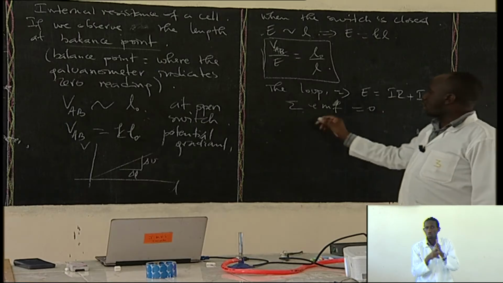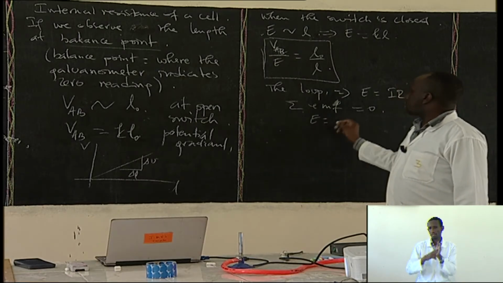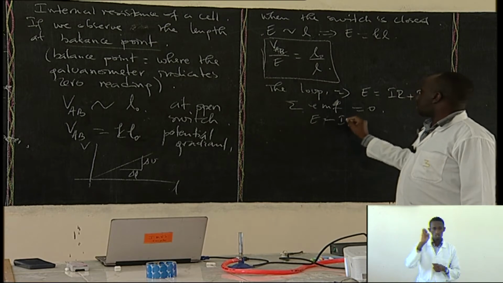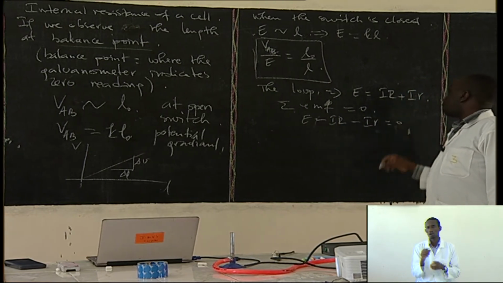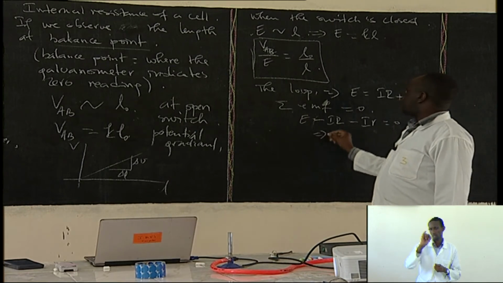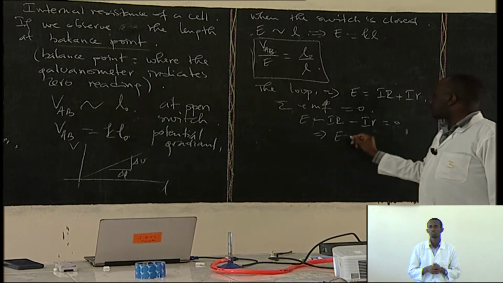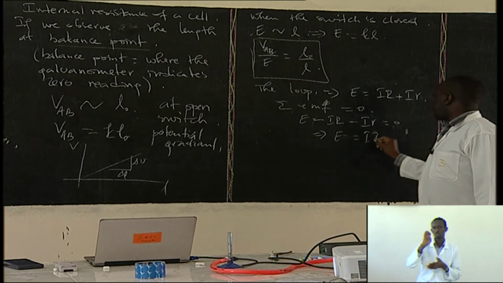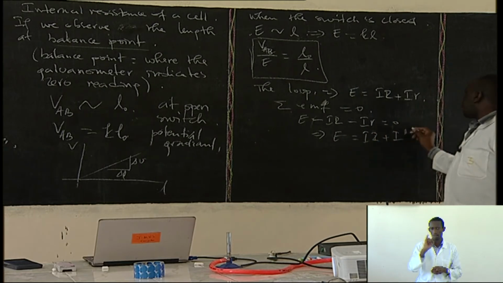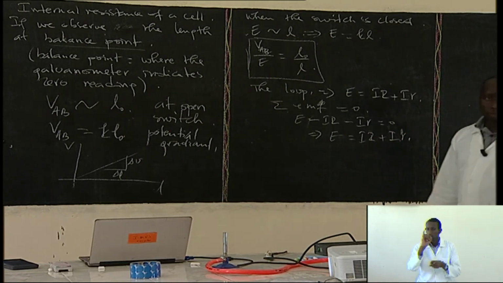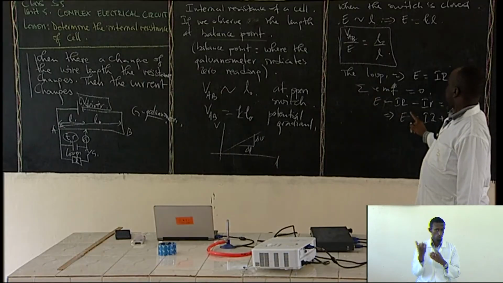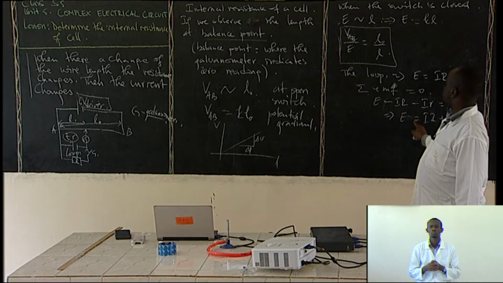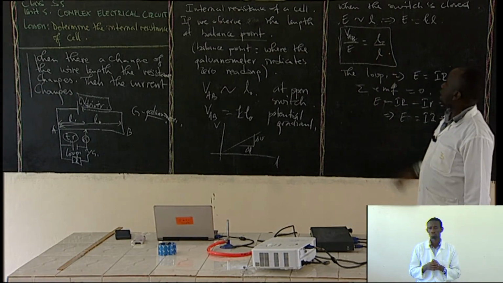So this time there will be E minus IR minus Ir equals 0. And this gives E equals I, then R plus I, then here there is r, okay?